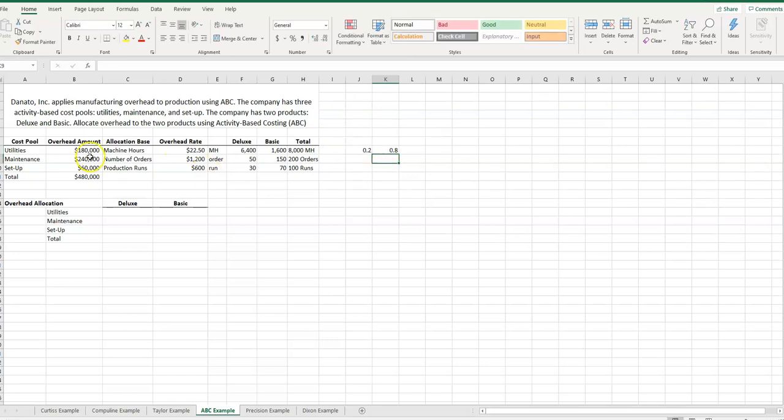We can allocate this 180,000 based on percentages or based on the overhead rate. We will get the same result. If we take 180,000 times 80%, we get $144,000. We give the remaining 20% to the basic.